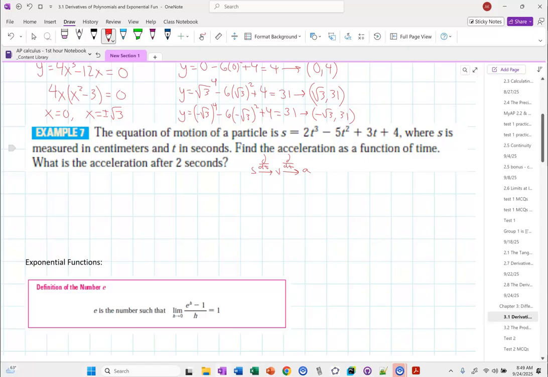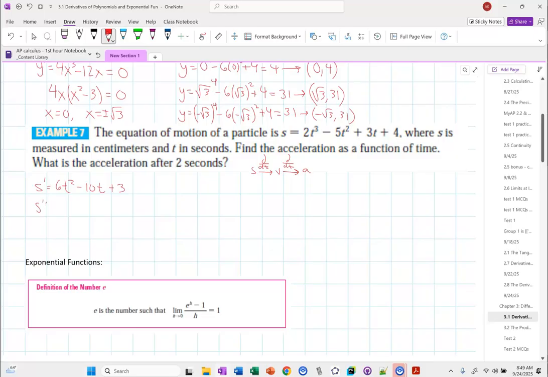So what are we going to do here? Just going to take the second derivative. To take the second derivative, I have to find the first. What's the derivative of 2t cubed? 6t squared. And then 5t squared, 10t. And then 3t, 3. And then 4 is 0.